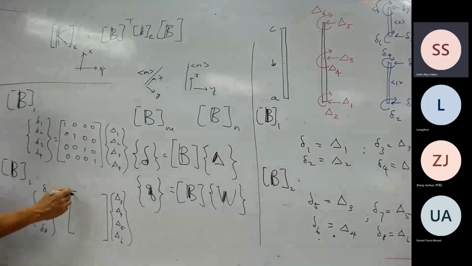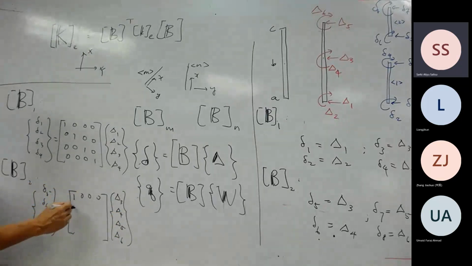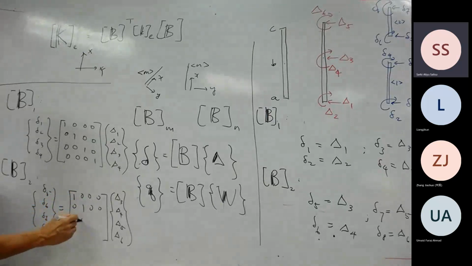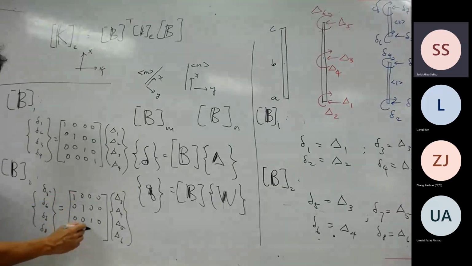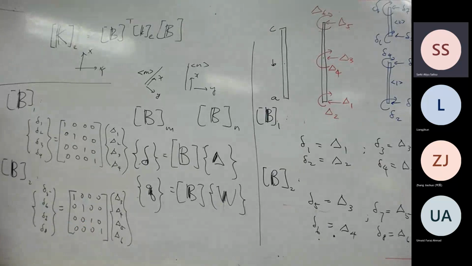And this one again is identity. Later, when I meet you again, when we look at other examples, it's not identity anymore. This one is the process of getting B.